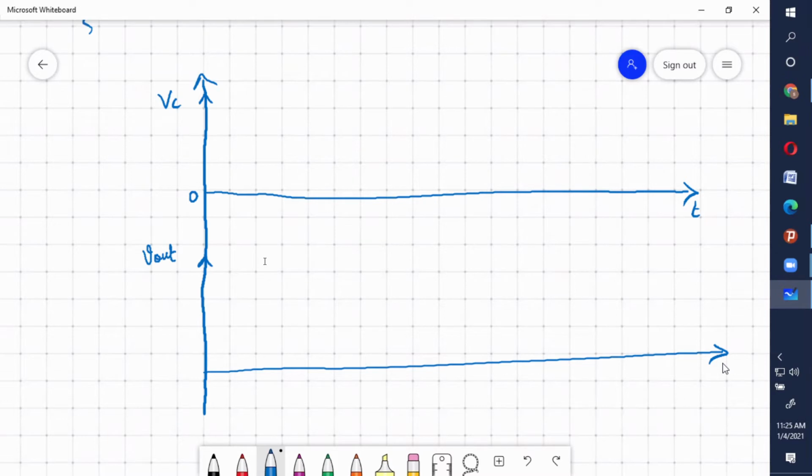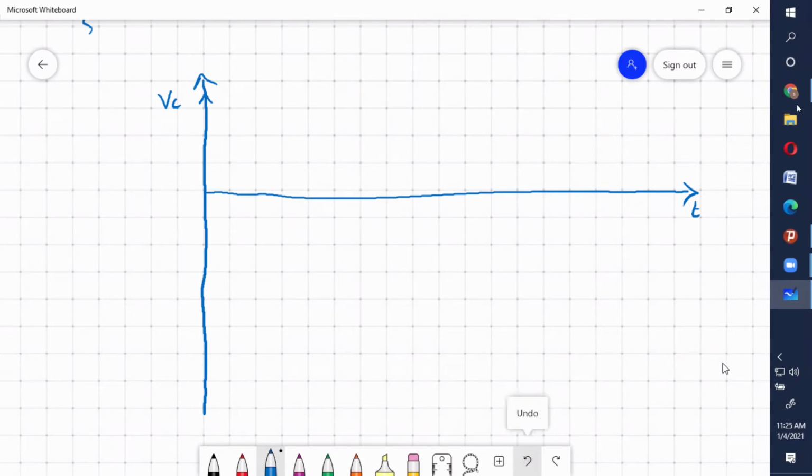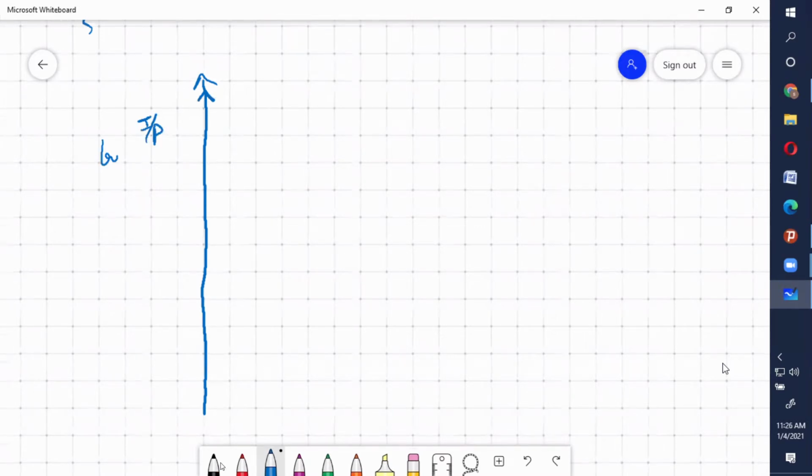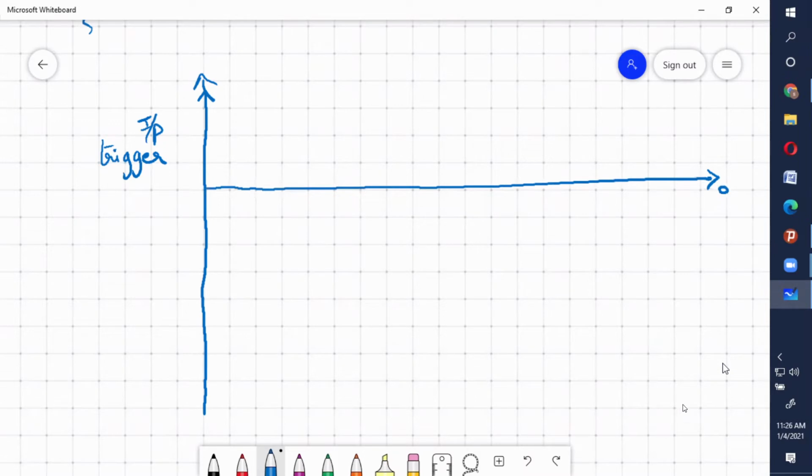First we'll write your input trigger. Input trigger. Time period T.